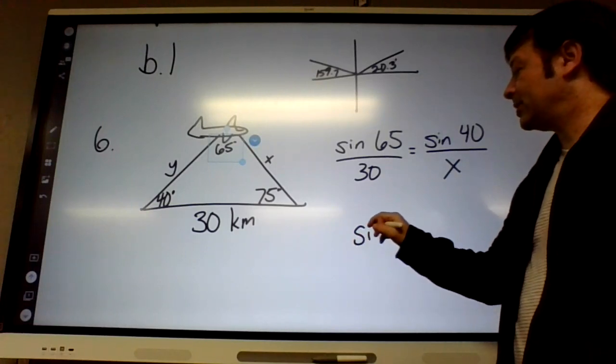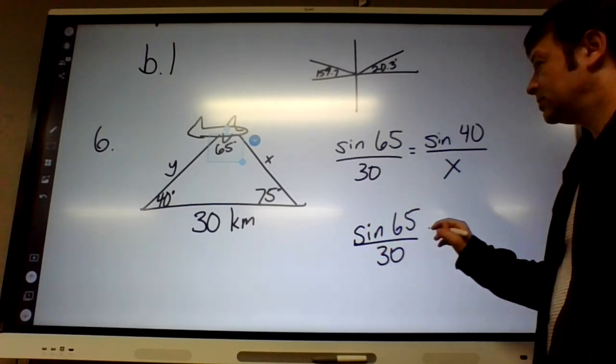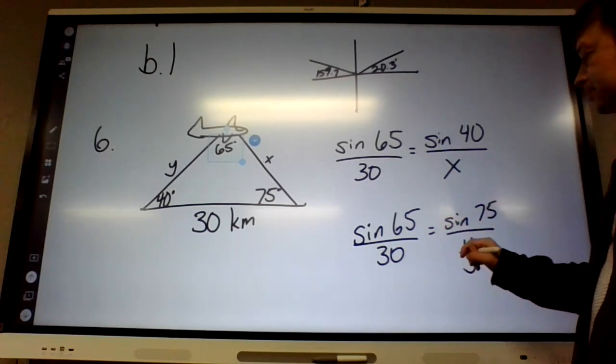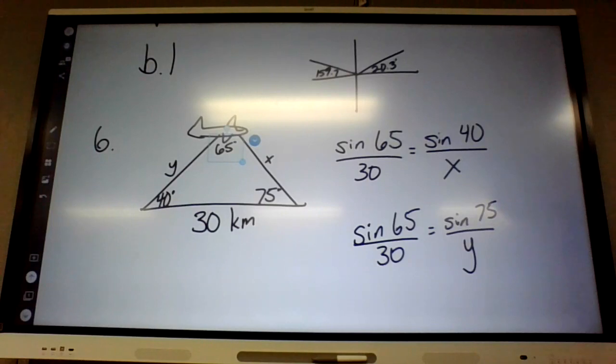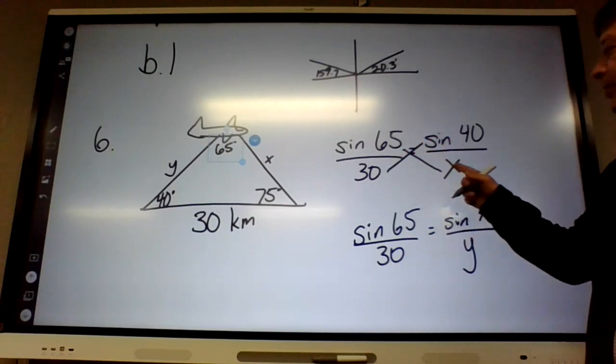And same thing for y. Sine of 65 over 30. Okay, so when you cross multiply, I move both things up.